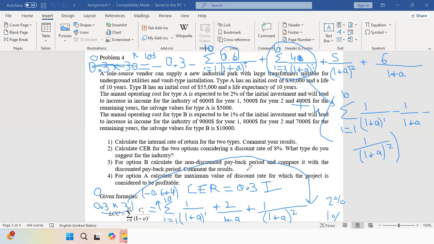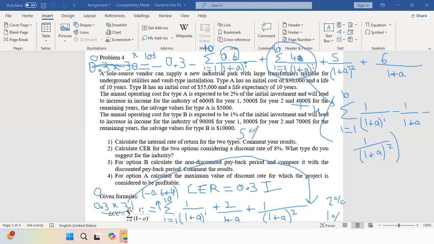Because you expect the IRR to not be very high, when you do trial and error, start with relatively small values. You can start with 5%, for example. If you start with 5%, you will get a positive value. This means that the IRR is a little bit larger.